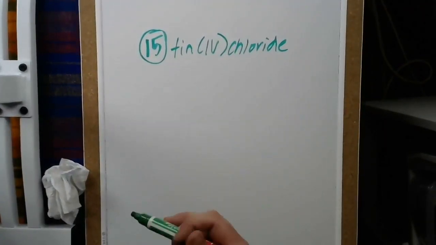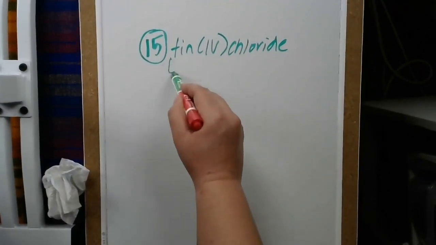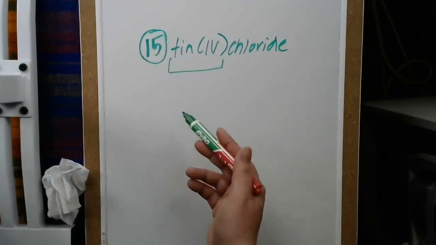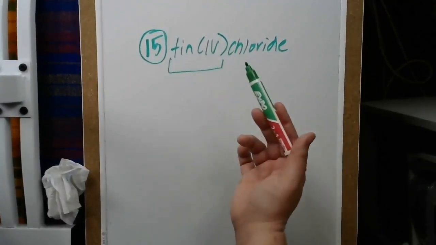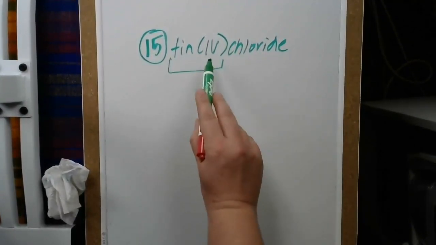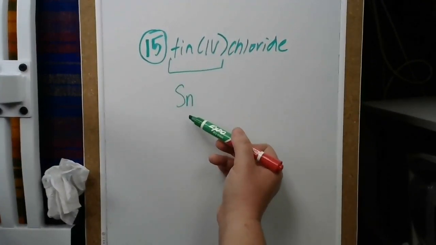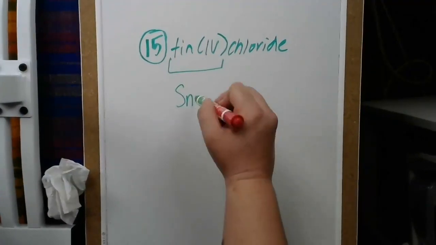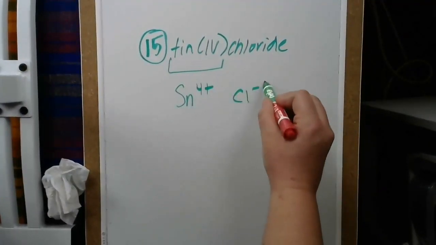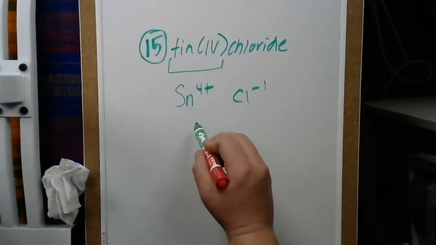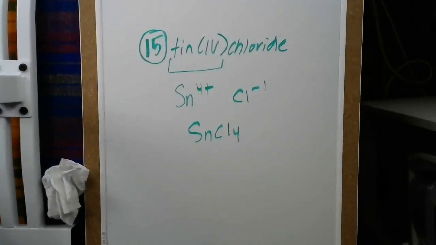So when you're figuring out a formula from a name, you know that it's an ionic compound because tin is a metal, and they tell you the charge on it. So you have to know the actual symbol for that element. Then the anion will be Cl minus 1. So you see when you put those together, you get the formula back from that.